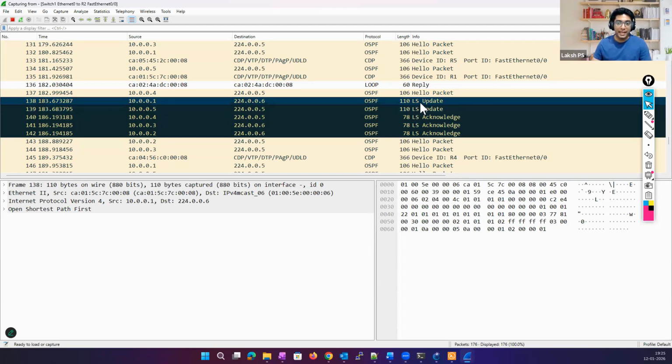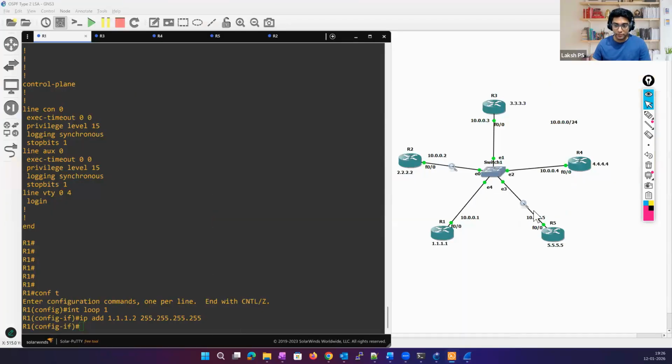This is a link state update. We will talk about these link state updates and link state acknowledgements probably in the next coming session, so do not worry about it. So 10001, which is R1, is sending the link state update at the multicast address of 224.0.0.6, and this is also received by R5 as well.